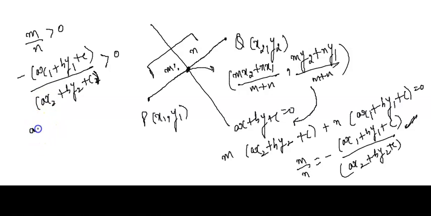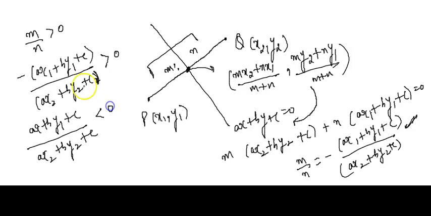That means (ax1 + by1 + c)/(ax2 + by2 + c) should be less than 0, because if the minus sign is shifted to the right hand side, the sign of inequality will change. Now this fraction is negative, that means numerator and denominator should be of opposite sign. Got it? This is the condition if they lie on opposite sides of this line.